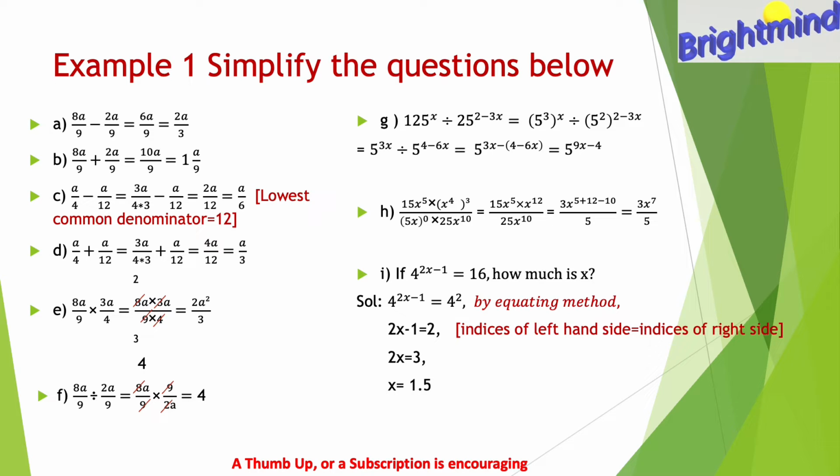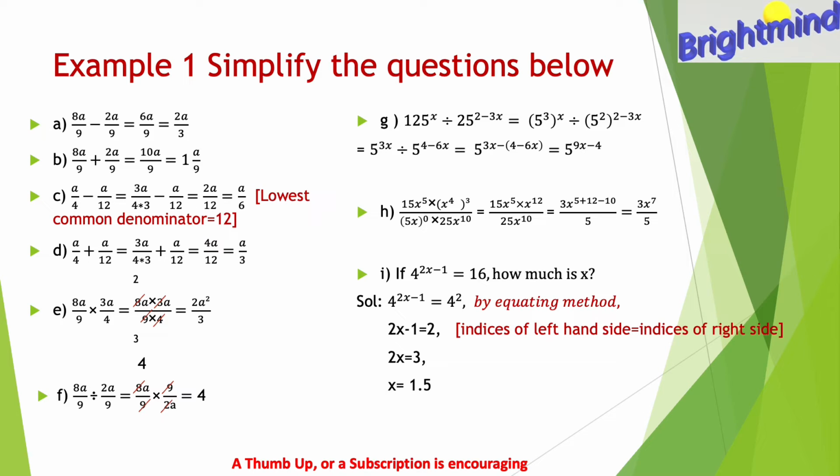I multiply 3 on the numerator and denominator. I get 3a over 4 multiplying 3 plus a over 12. So 3a plus a gives 4a. I write 4a over 12. Now I have to simplify it. 4 going to 12 3 times, so I divide 4 from numerator and denominator. I get a over 3.